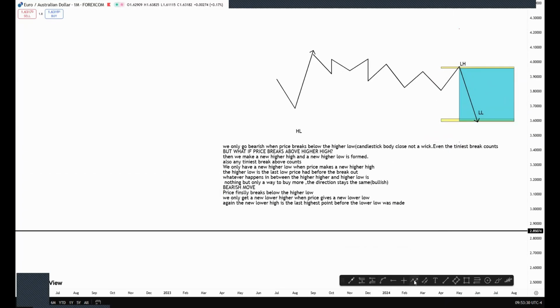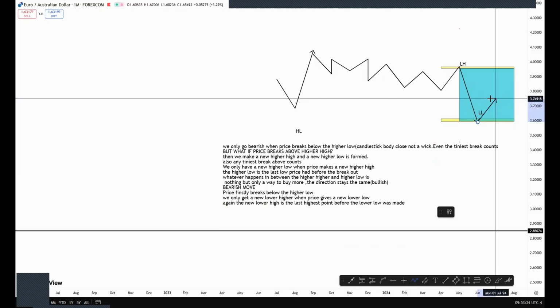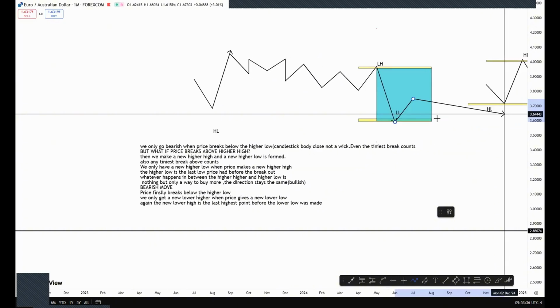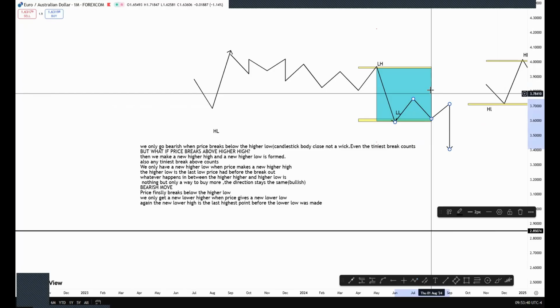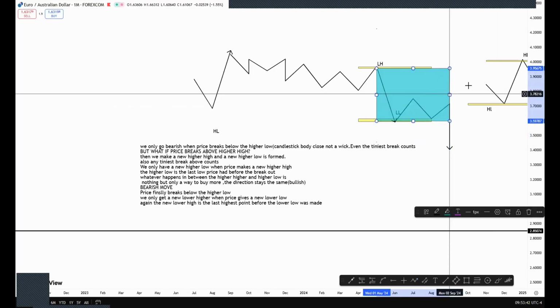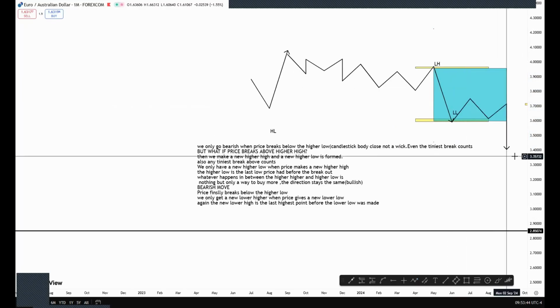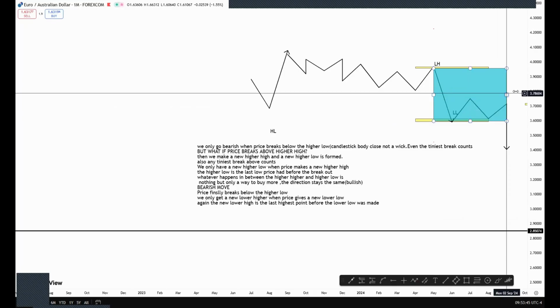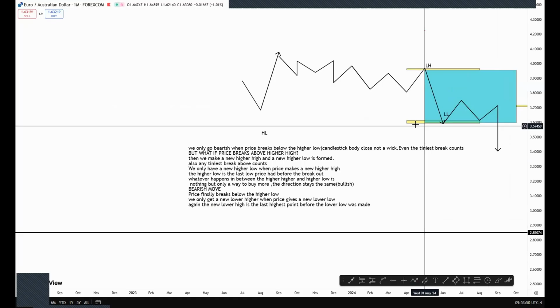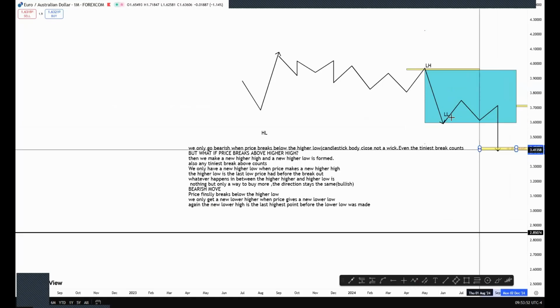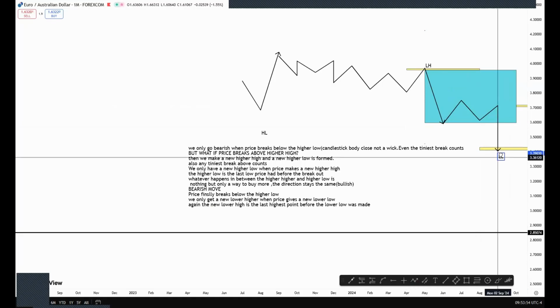Because this is the only last highest point I have, you see. But let's say price does something like that. Don't mind this, by the way, but we're still stuck with this one here. When price does something like that, we then update our lower low as this one, right?